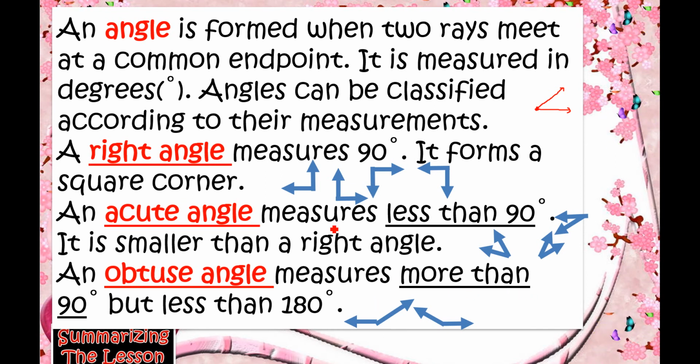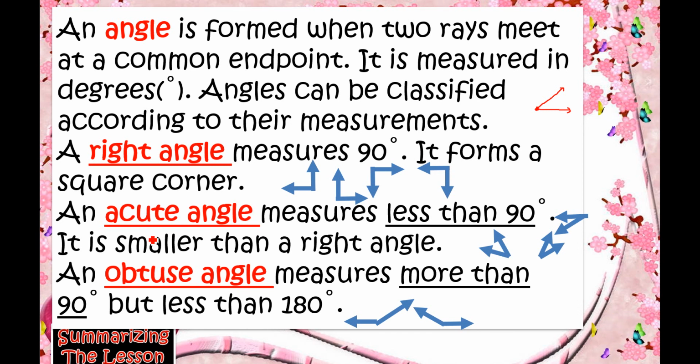If we measure these angles using the protractor, we will identify or measure the accurate degree of these angles. So again, the three kinds of angles are right angle, acute angle, and obtuse angle.